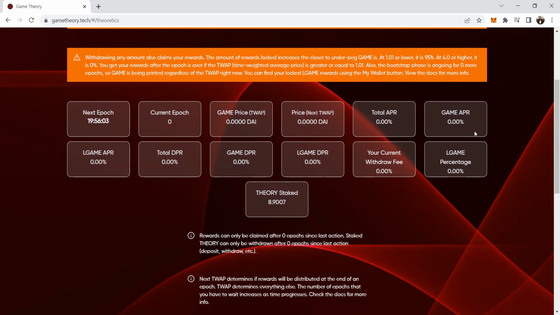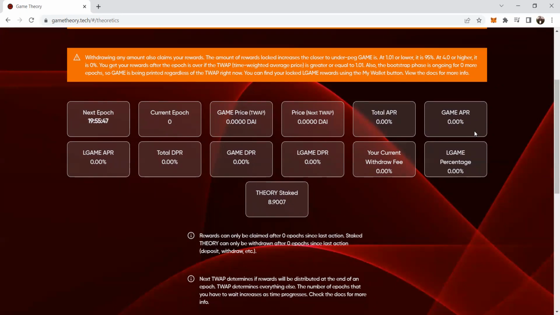So if the time-weighted price average of Game is over $1, so $1.01, 95% of the Game that is earned is going to be locked Game, and 5% is going to be unlocked Game.